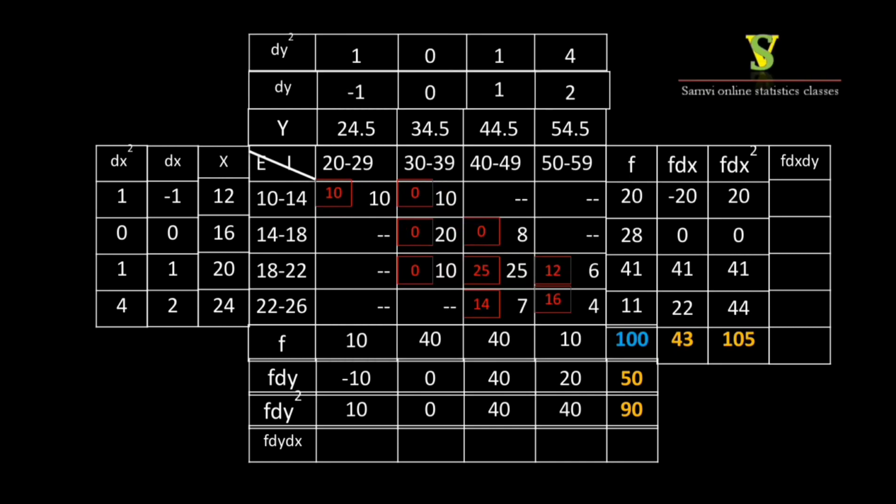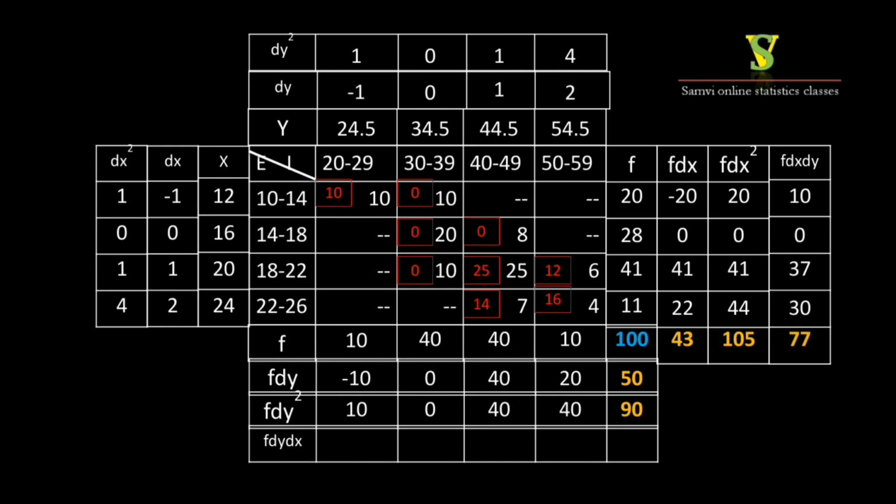We'll calculate the first one, that is 10 plus 0, will get here 10. 0 plus 0 will get here 0. Next is 0 plus 25 plus 12 will get here 37. 14 plus 16 will get here 30. Now you have to find out the total here. So the grand total is 77.